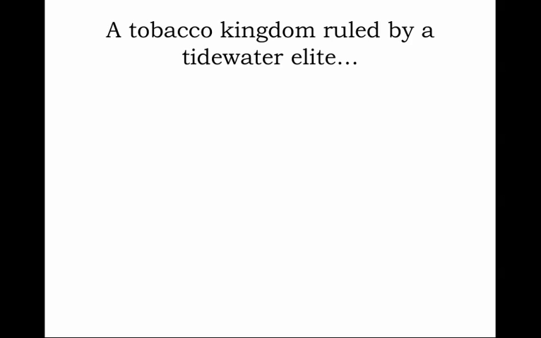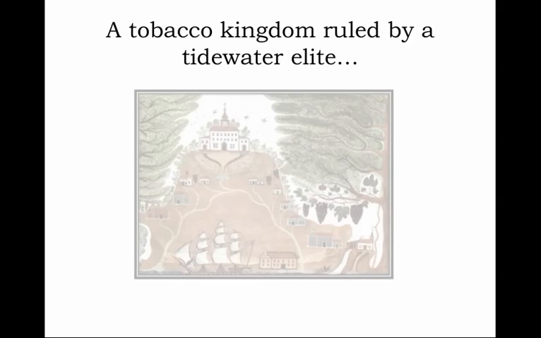One of the unmistakable consequences of the commercial ambitions of the English in the Tidewater region of the Chesapeake was the rise of a new commercial kingdom, one might say, ruled by the cash crop that was worth its weight in gold, and that, of course, was tobacco.